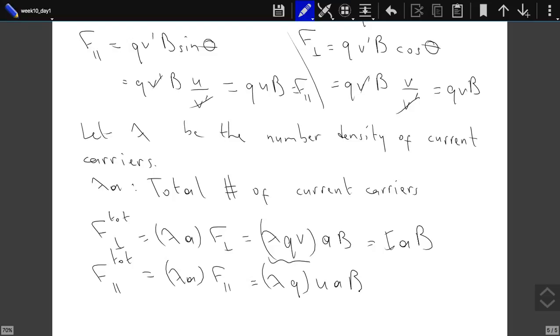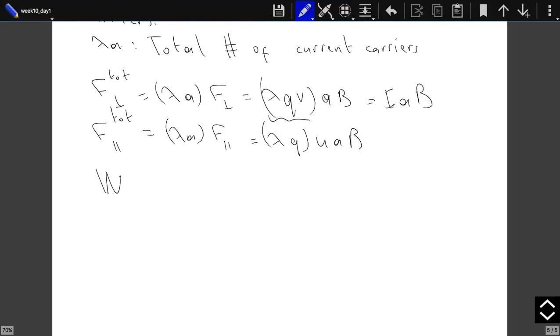So let's calculate the work done by the battery in a time dt. It should be exerting this force F parallel. In this time, the charges will move a distance v times dt. So F parallel is the force that my battery should be exerting on my charges, and v times dt is their displacement.